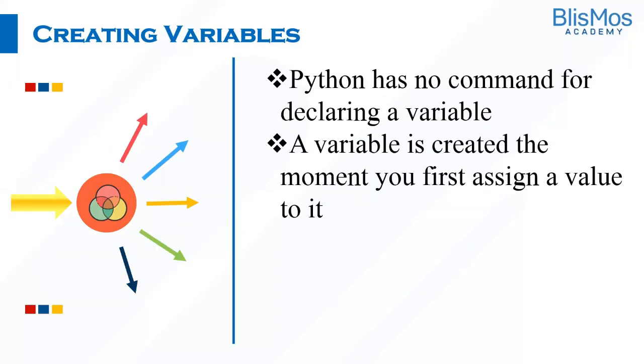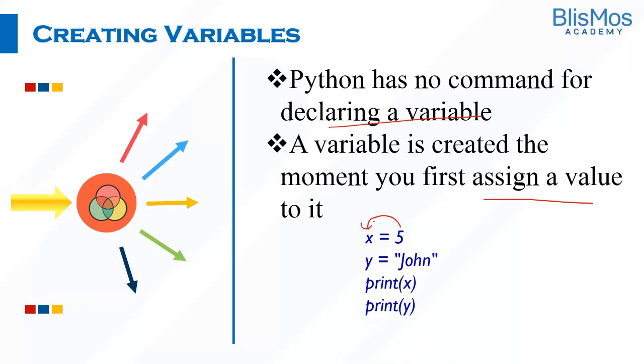Let us understand how do we create the variables. Python as such do not have any command for declaring a variable. When you assign a value to a variable, that is when the variable is created. We do not explicitly define the variable as a part of the Python.